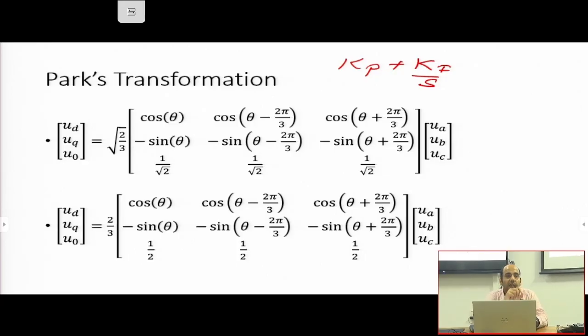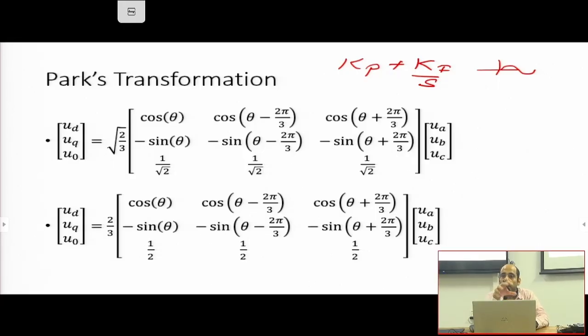So that is the purpose of converting three-phase quantities to DC quantities, so as to enable us to use the PI controller with it. Otherwise, if we use this PI controller with AC quantities, let's say I ask you to regulate a voltage, instant by instant your reference voltage is changing with a certain frequency, which is your 50 Hertz, right?